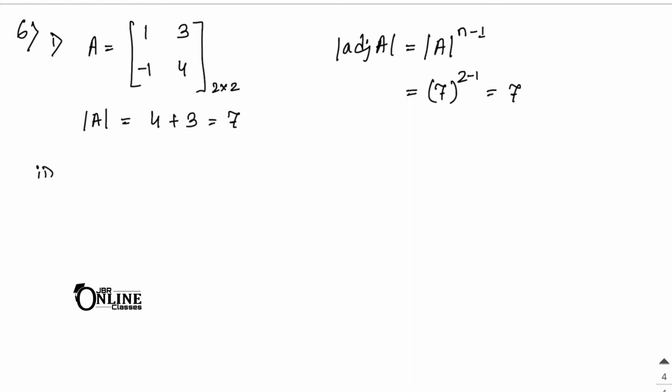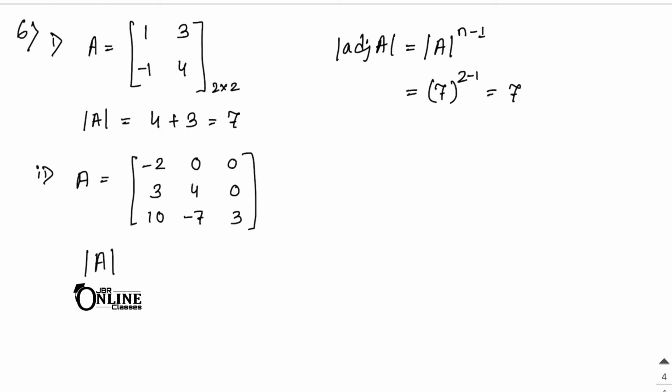Now next one, sum number 2. Here A equals minus 2, 0, 0, 3, 4, 0 and 10, minus 7, 3. It's very easy to find det A because this one is 0, this one also 0. So det A will be minus 2 into 4 into 3, which is 12, then 7 into 0 becomes 0.